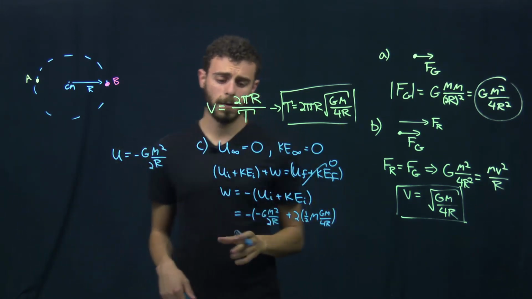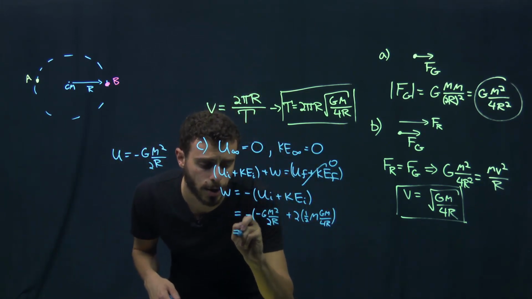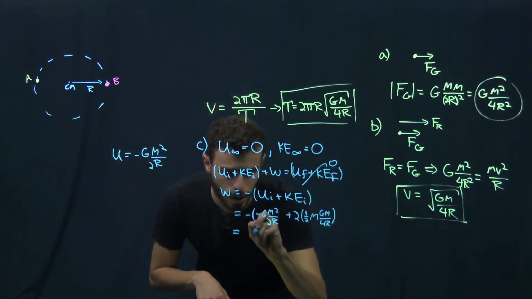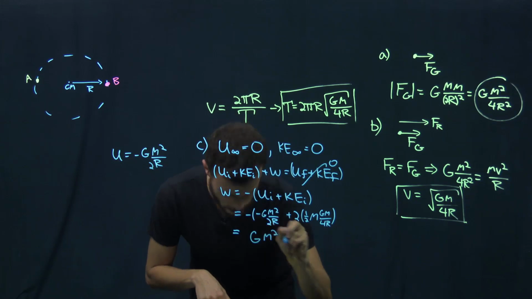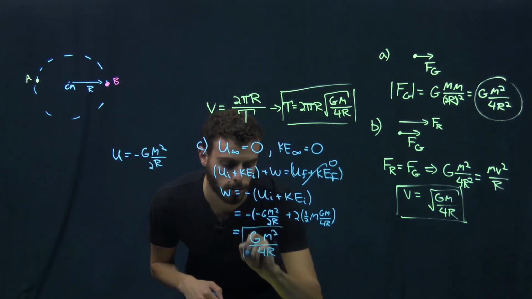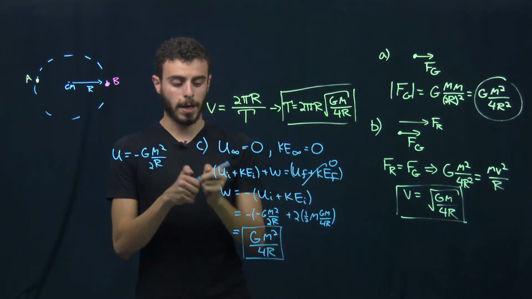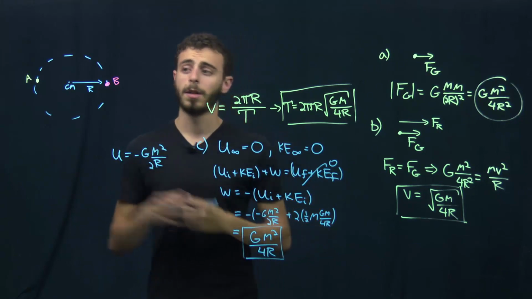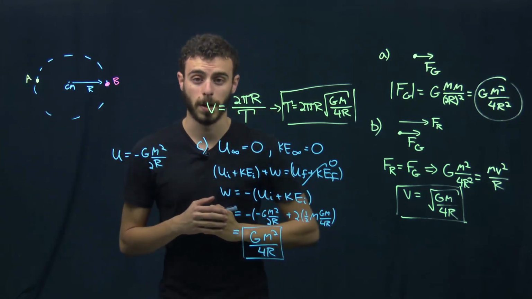At this point we can solve this, and this gives us the energy required. We will see that we should finally get to a form of G times M squared all over 4r. So that's to say we need to put in a total amount of energy of GM squared over 4r in order to separate these stars to infinity.